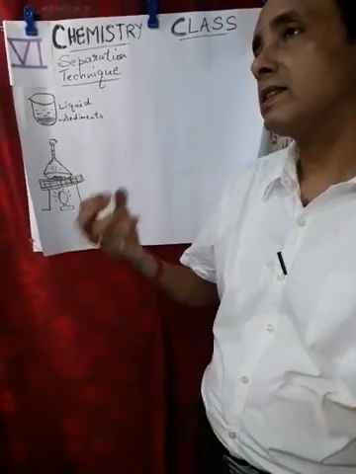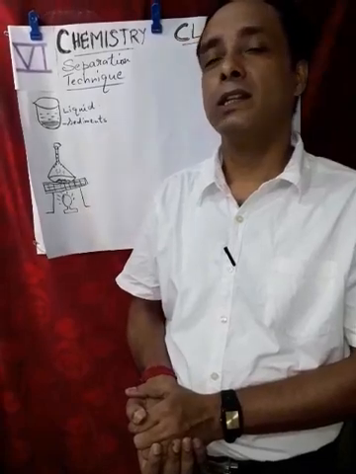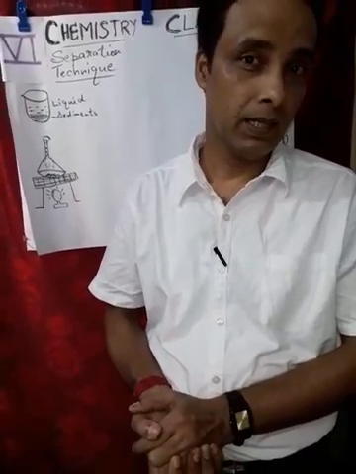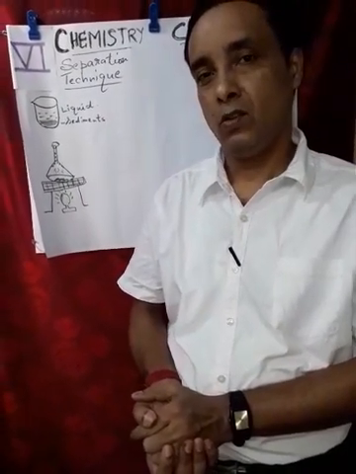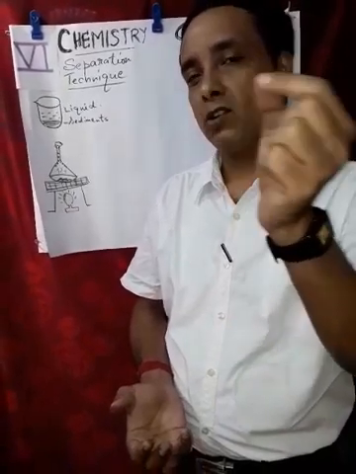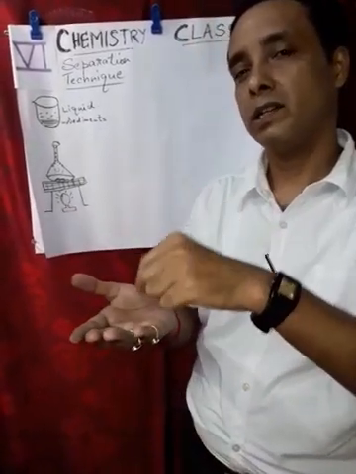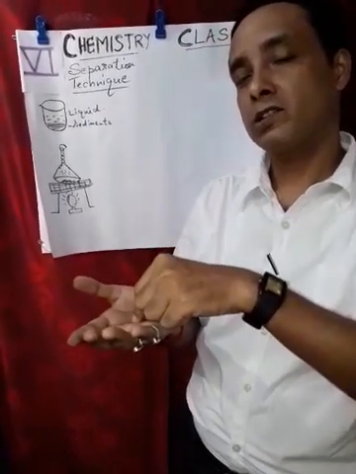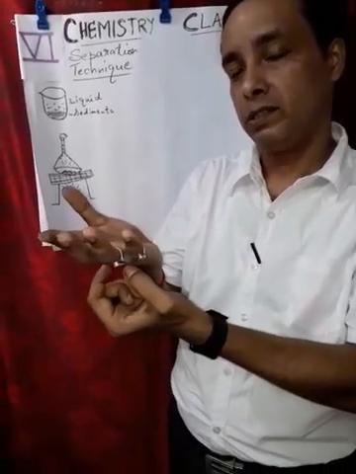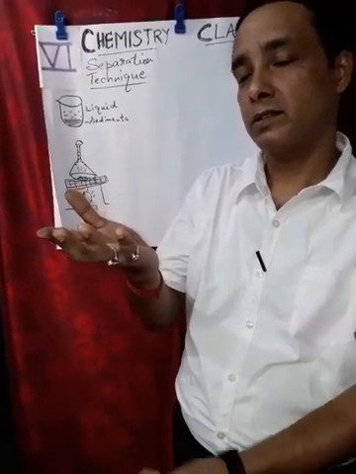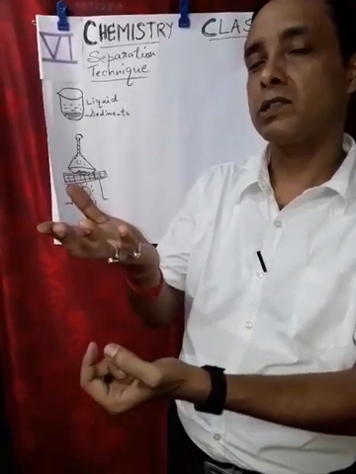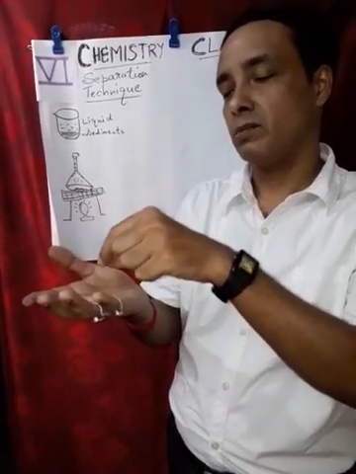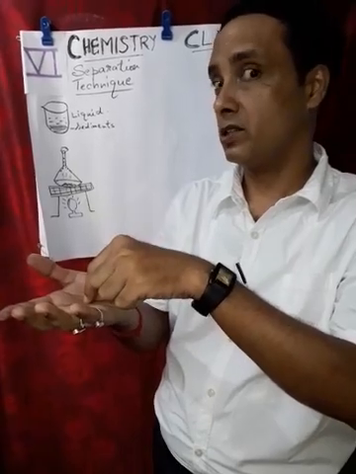So filtration is another process in which you can use filter paper. When a solution along with insoluble solids is made to pass through the filter paper, the filter paper retains the insoluble solids and allows the liquid to pass through, and by that we can separate the insoluble solids from the solution.